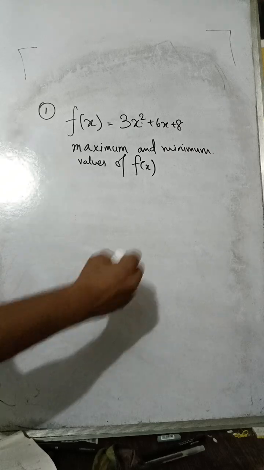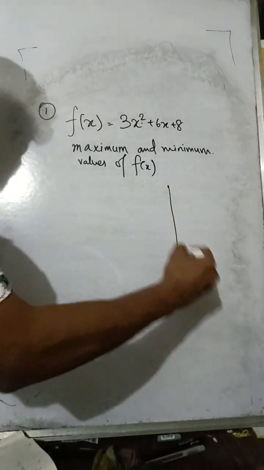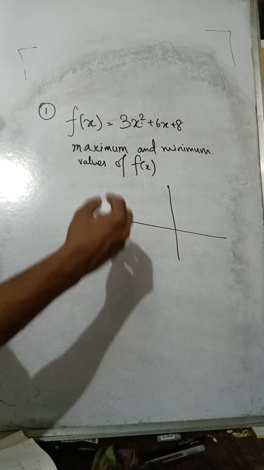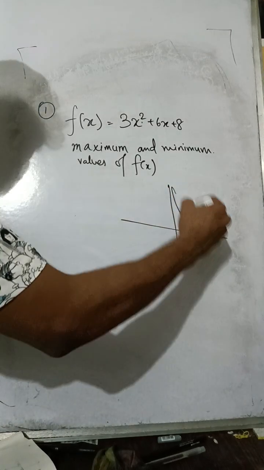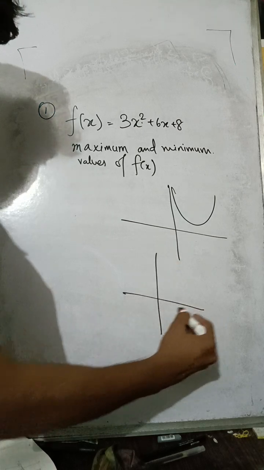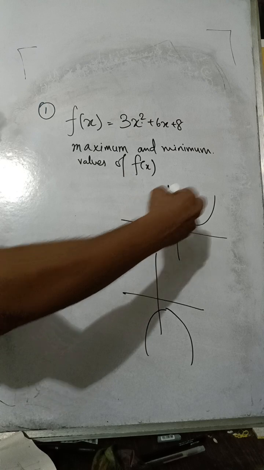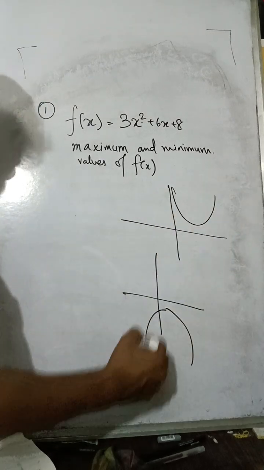So look, one thing is, this is a quadratic function. I hope you know this, that a quadratic function may be like this, or it could be like this, something like this. Now, this is a smiling curve and this is a sad curve.